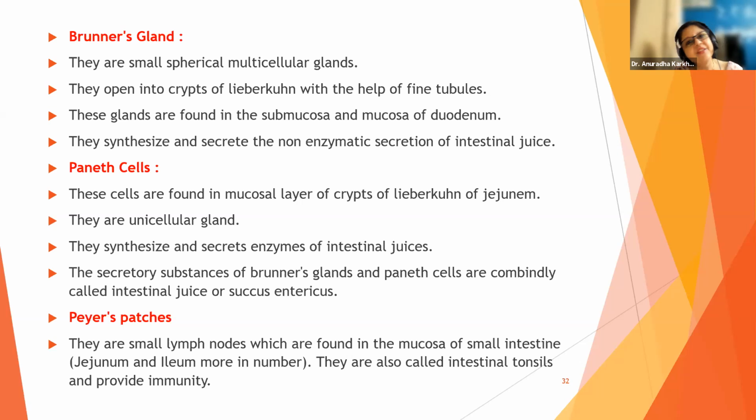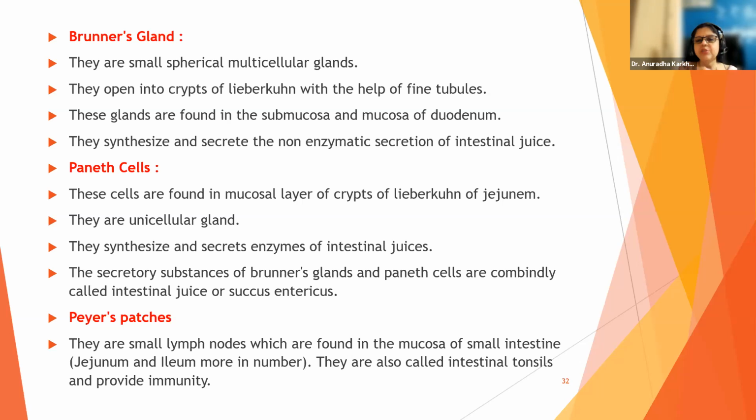Did you understand? Does anyone have any doubt about this? Anyone who has even the minutest doubt, please clear it. So what is succus entericus? Secretion from Brunner's gland, non-enzymatic. Secretion from Paneth cells, enzymatic.